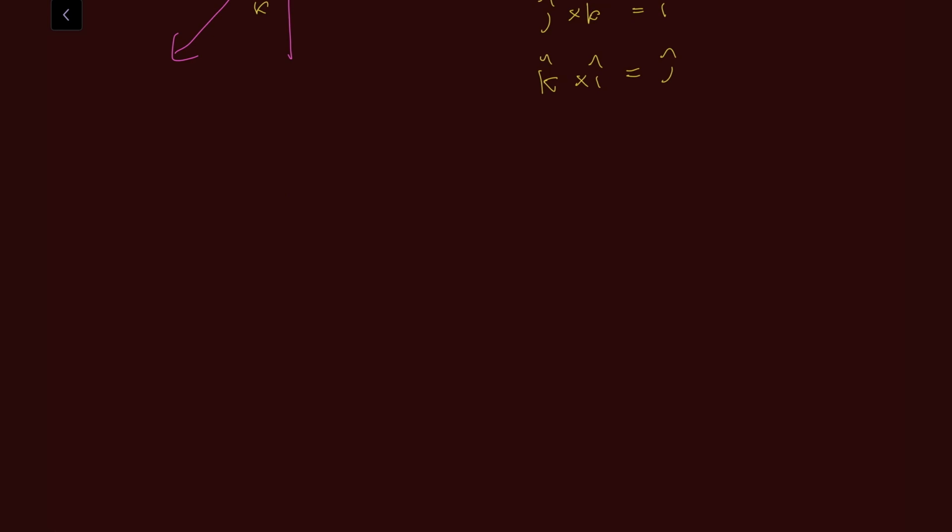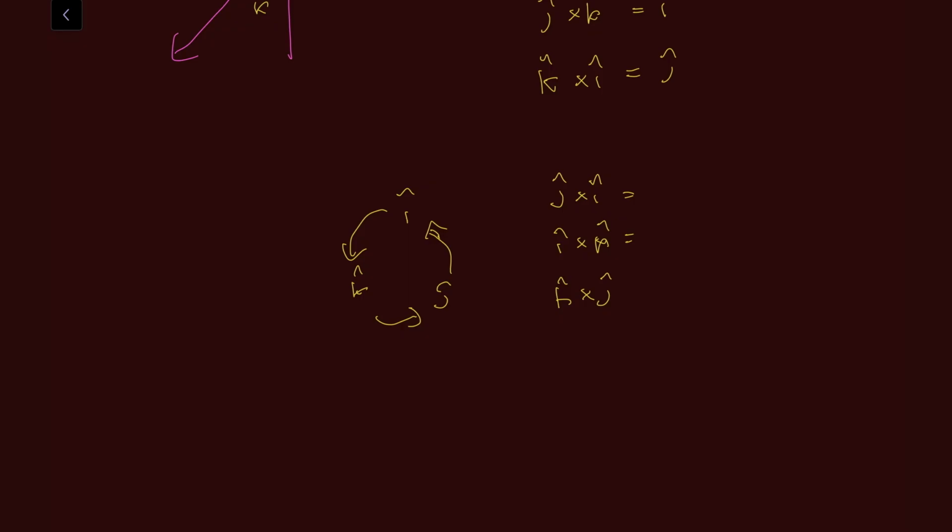Now, let's ask the question, what if we move in the opposite direction? What if we go and do this, right? The arrows are pointing the other way. So now we've got a different version. We have J cross I, what's that equal to? We have I cross K, what's that equal to? And what's K hat cross J?